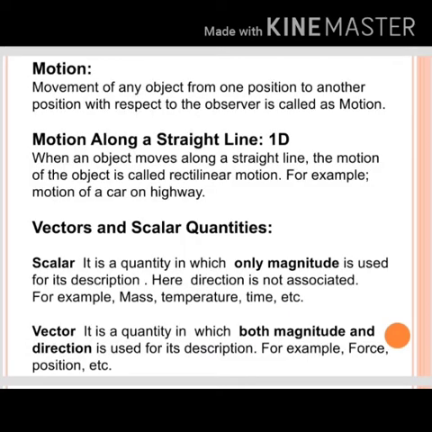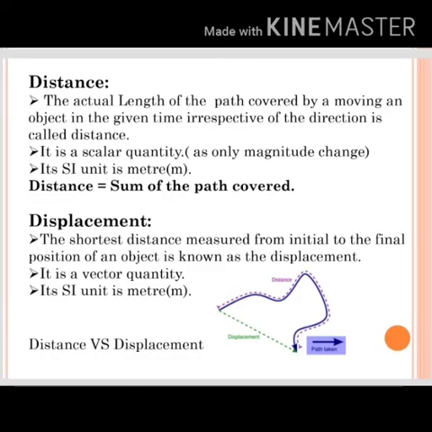We have another quantity known as vector, which has magnitude and direction. For distance, only magnitude is calculated.